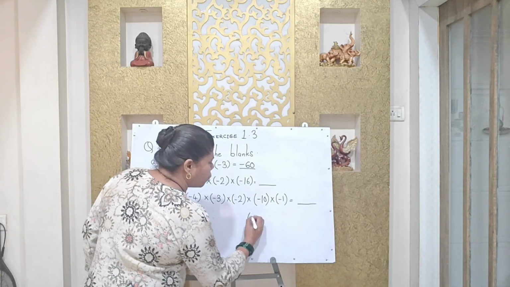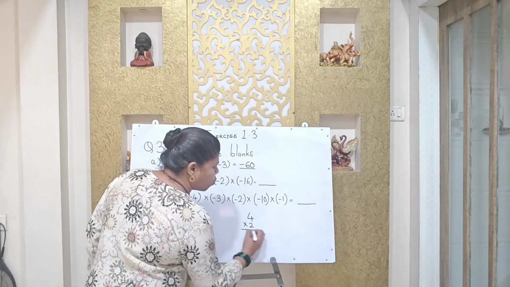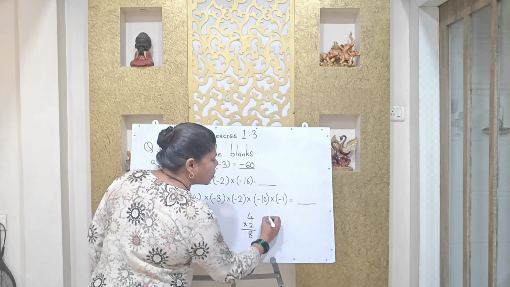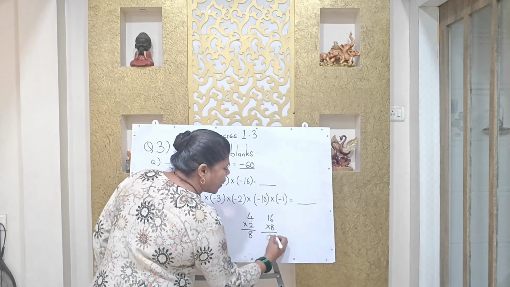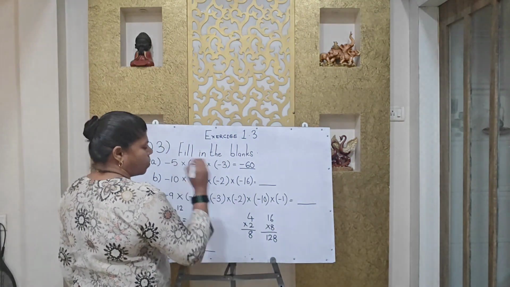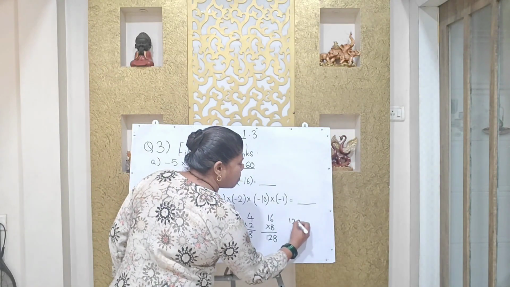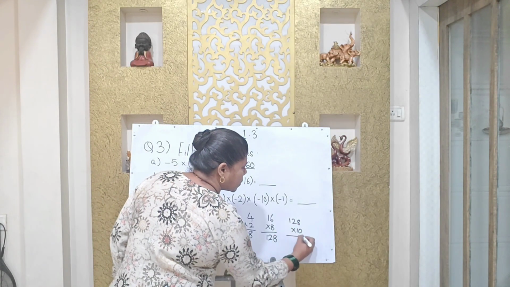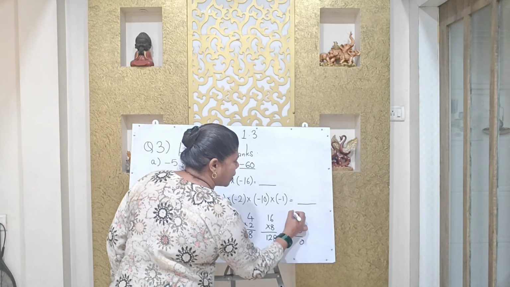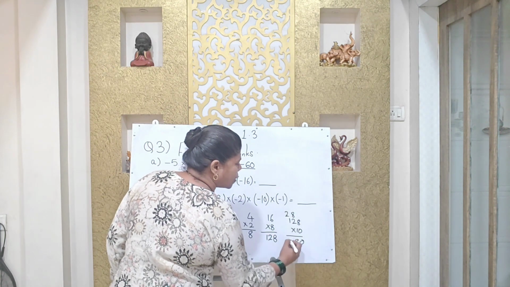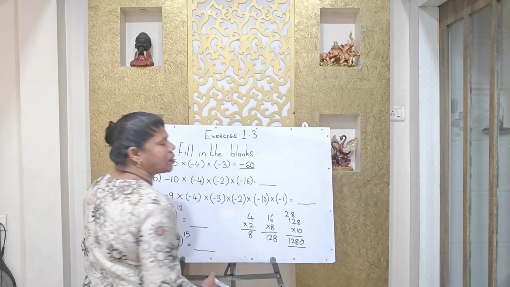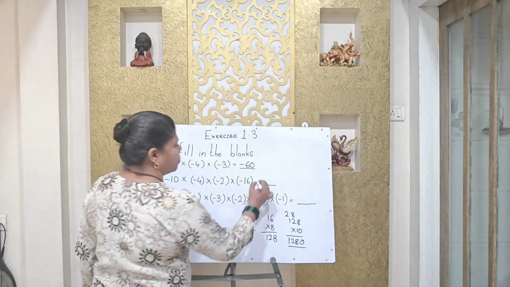Again, see, 4 multiplied by 2, 4 2s are 8. 16 multiplied by 8, 128. 128 multiplied by 10. 10 0s are 0, 10 8s are 80, 0, carry 8, 10 2s are 20, and 8, 28, 8, carry 2, 10 1s are 10, and 2, 12. So the answer is 1280.